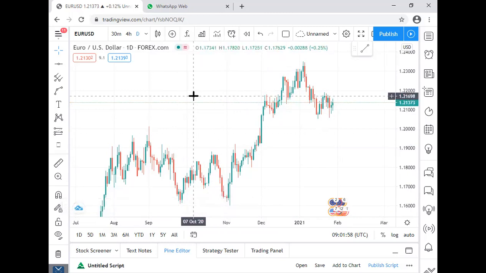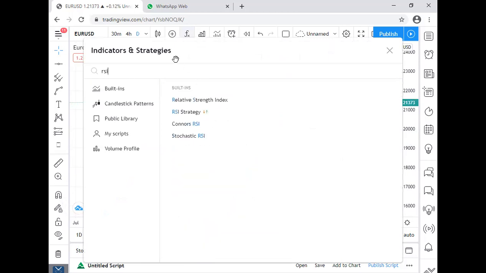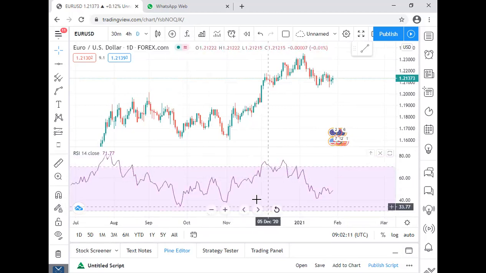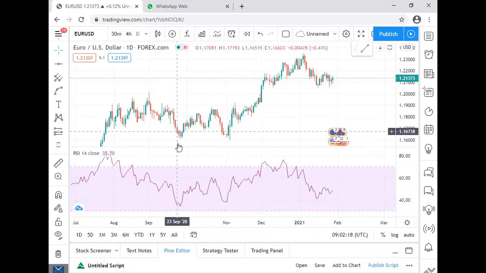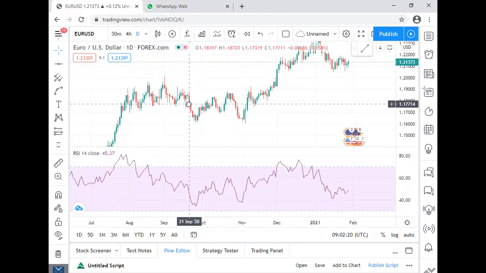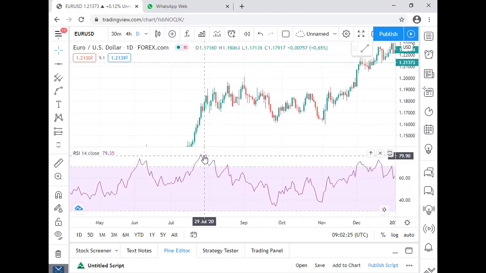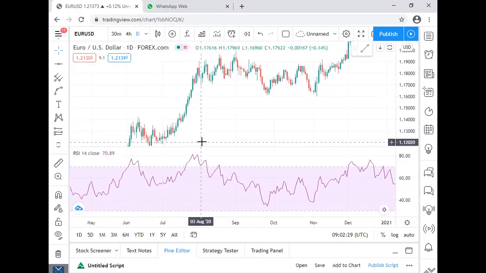So let me go to the RSI now. RSI is also known as Relative Strength Index. All right, this is the RSI now. So now I'm going to be using some instances to depict what I am talking about.